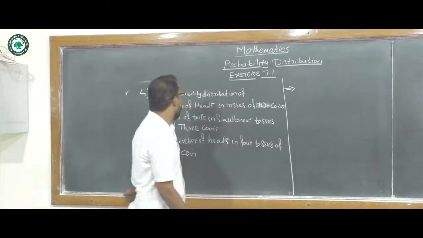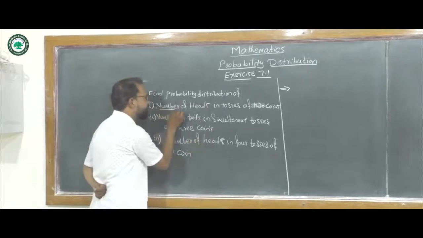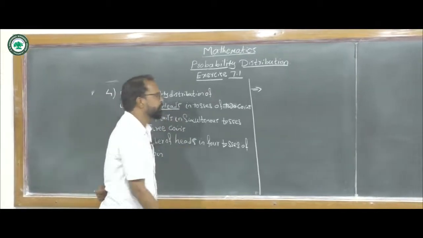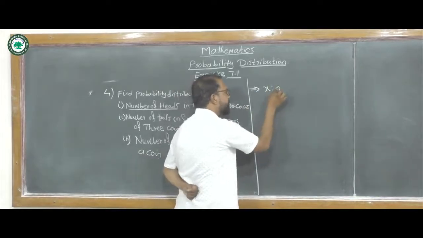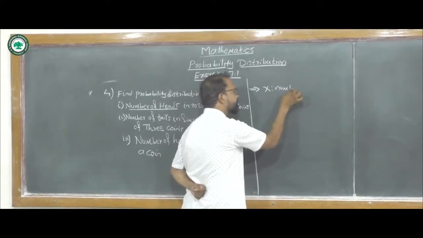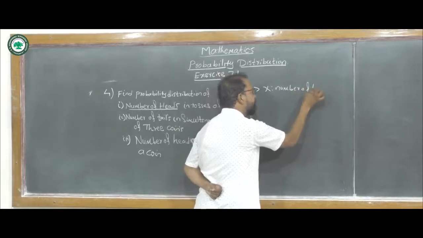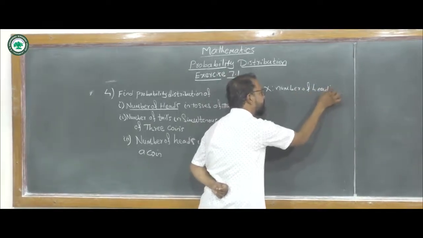Since we have to find the probability distribution for number of heads, define X as a random variable, that is the number of heads.